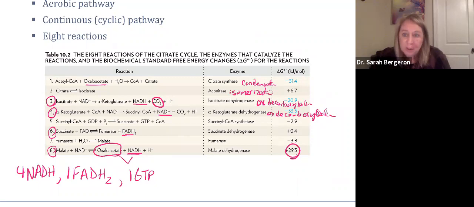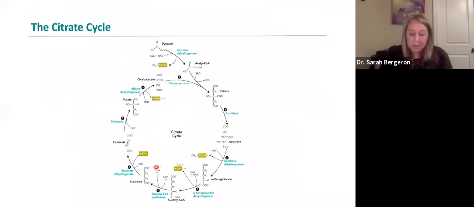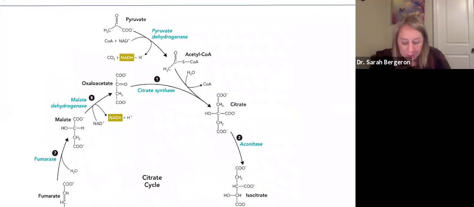So just keep regulation in mind as we work through these cycles. So you can simplify this reaction just by looking at exactly what's happening. If we look at pyruvate and we convert it to acetyl CoA using our pyruvate dehydrogenase complex, right?